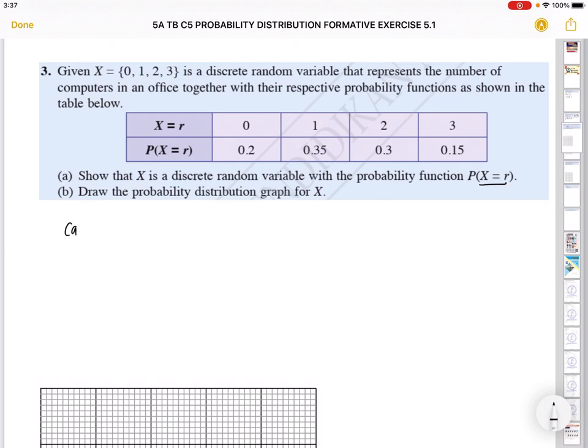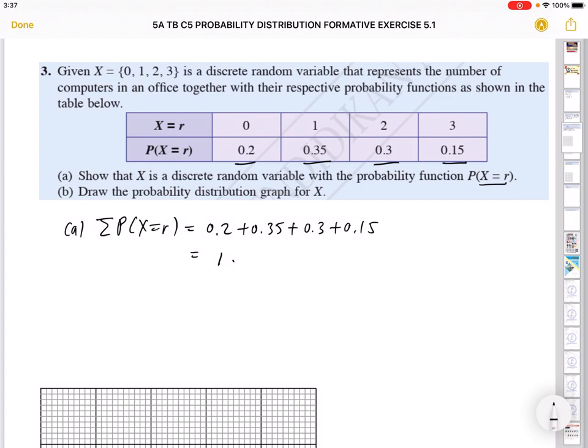So let's just rewrite here: sum of probability. You can write the sum of P(X = x) like this, right? It simply means the first one, probability is 0.2. You add up with the second one, 0.35. Add up the third probability, 0.3, and last one, 0.15. Add up all this and you can get 1.